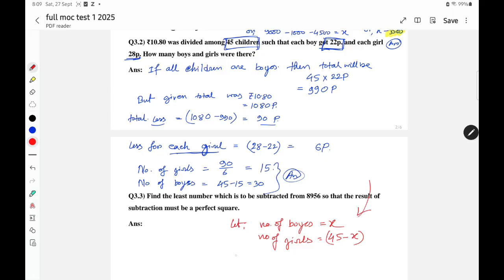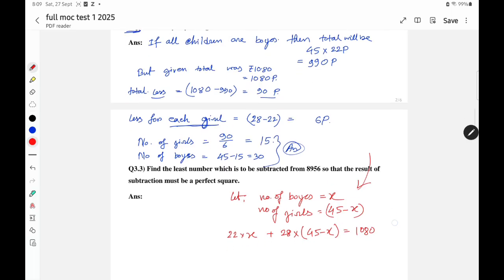So total কত হচ্ছে 22 into x plus 28 into 45 minus x, this is the total expenses, that is equal to 1080.